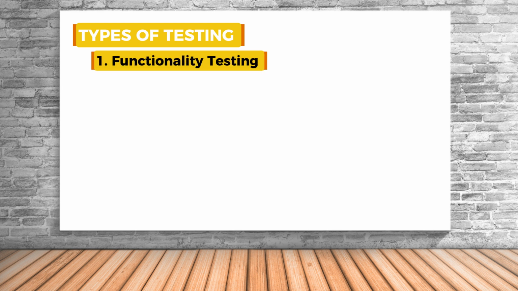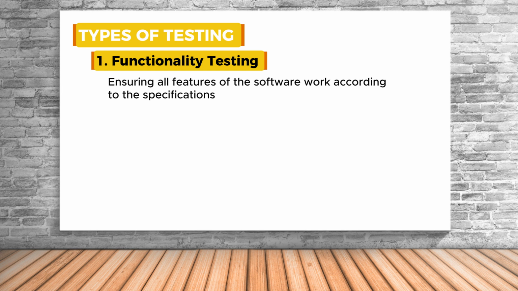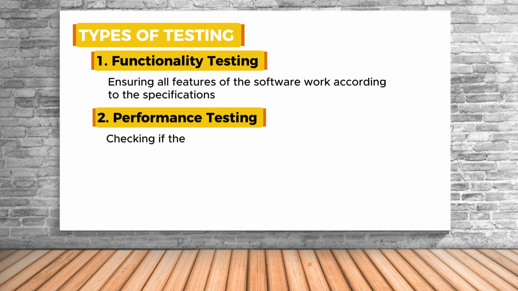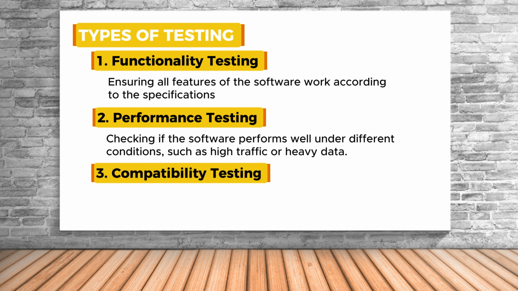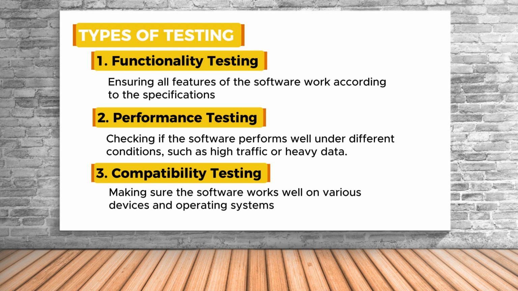First, functionality testing, ensuring all features of the software work according to the specifications. Second, performance testing, checking if the software performs well under different conditions, such as high traffic or heavy data. Third, compatibility testing, making sure the software works well on various devices and operating systems.